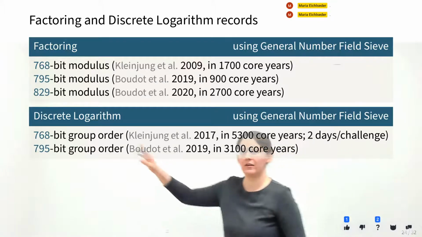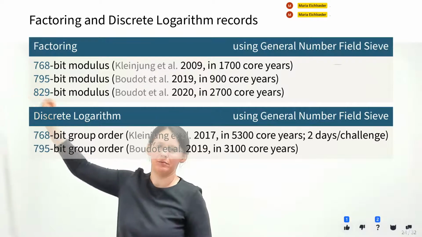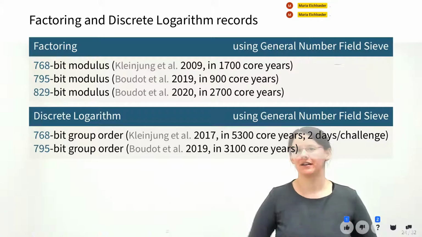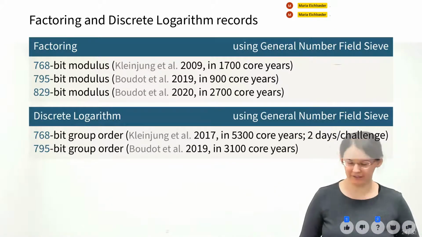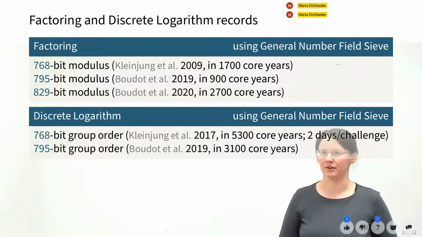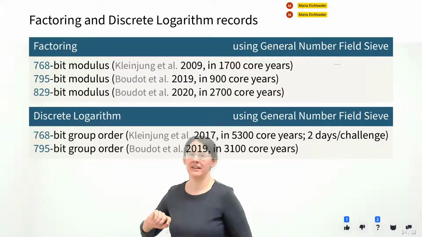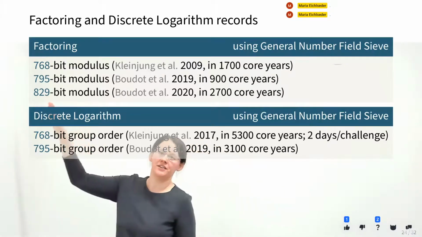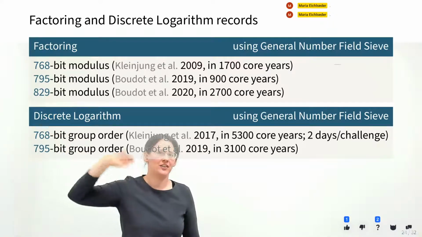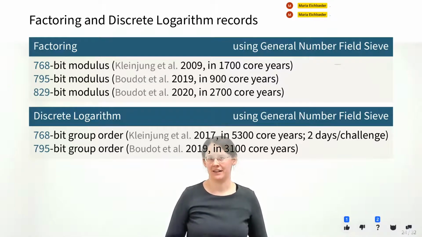You might be wondering why this strange step size here. It's not like they tried all the numbers in between those, but all of these records are based on public challenges. So RSA Security, as a company, already wrote out these challenges ages ago, so in the previous millennium, and they only had challenges in certain step sizes, and these step sizes were actually not in bits as we would do it probably now, but in decimal representation.